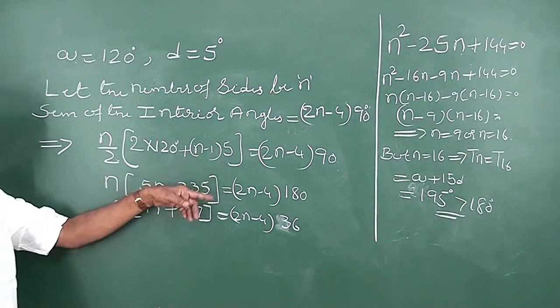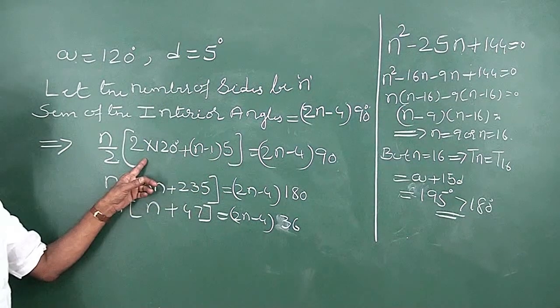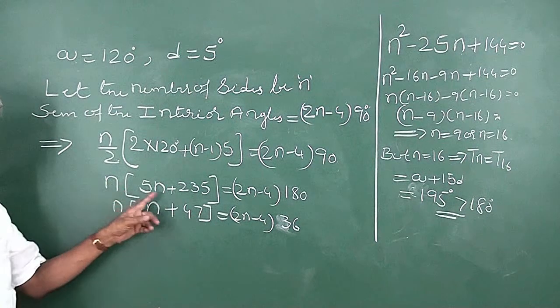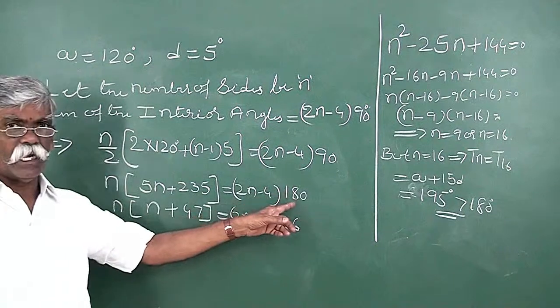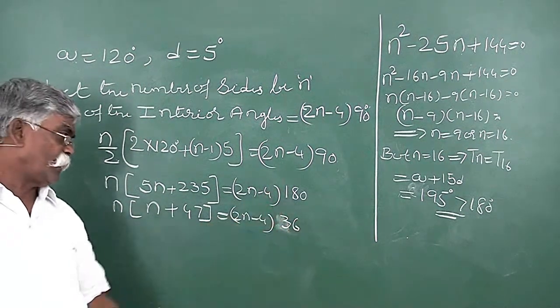Now this is 5n, this is minus 5, and this is plus 240. Therefore n into 5n plus 235. When 2 comes onto this side, this becomes 180.